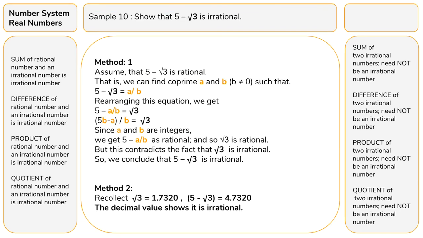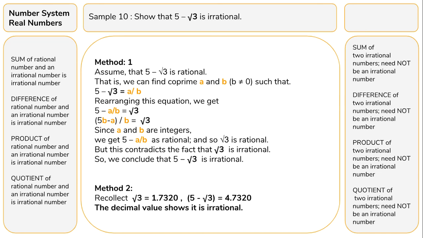Sample 10. Show that 5 minus square root 3 is irrational. Method 1. Assume that 5 minus square root 3 is rational. 5 minus square root 3 equals a by b. Rearranging this equation, we get 5 minus a by b equals square root 3.